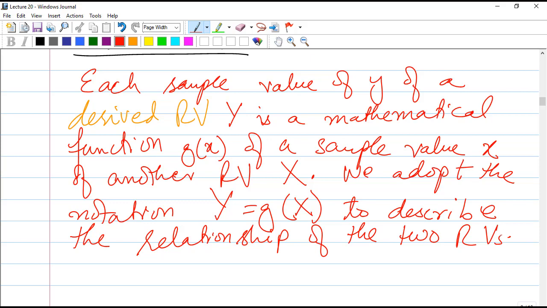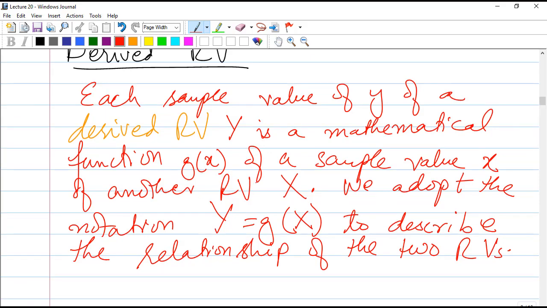So it's very straightforward that y, a derived random variable, comes from a mathematical function g of x; it cannot come from anywhere else. So we have to define that mathematical function for the sample value of x of another random variable x.